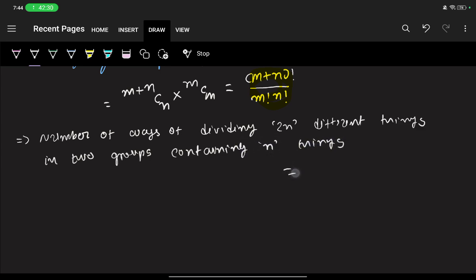So here it would be simply 2n factorial divided by n factorial and again n factorial, multiplied by 2 factorial.